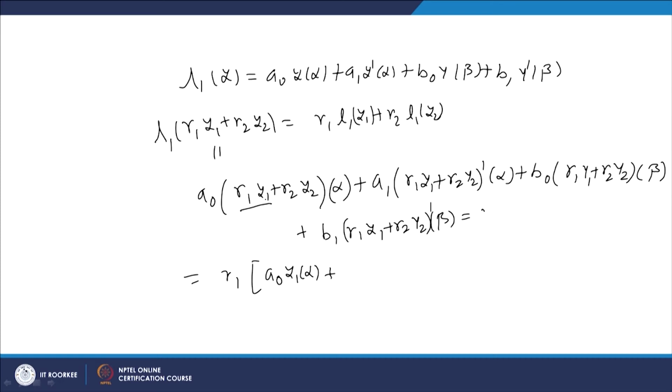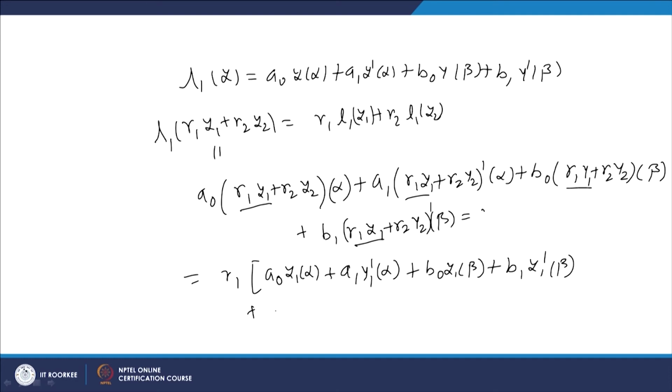So here we have a1 y1 dash alpha, plus b naught y1 beta, plus b1 y1 dash beta.